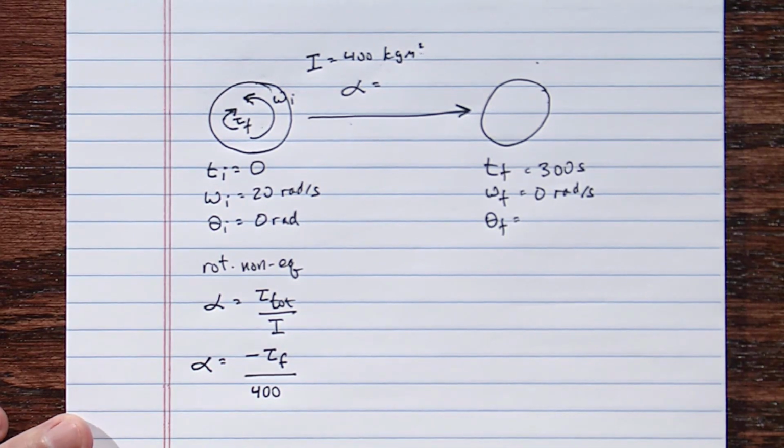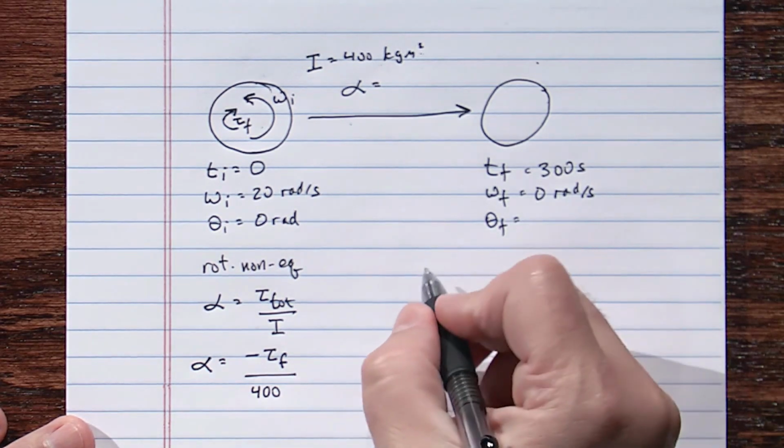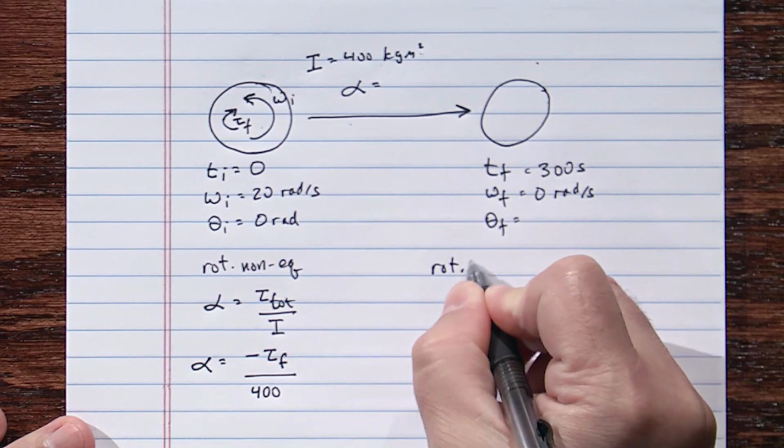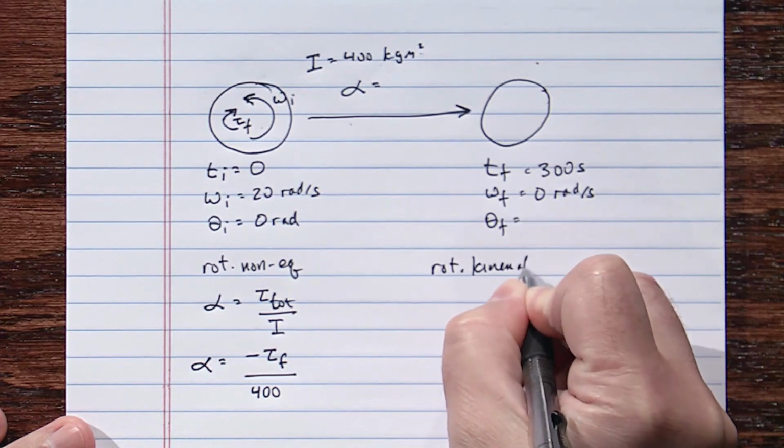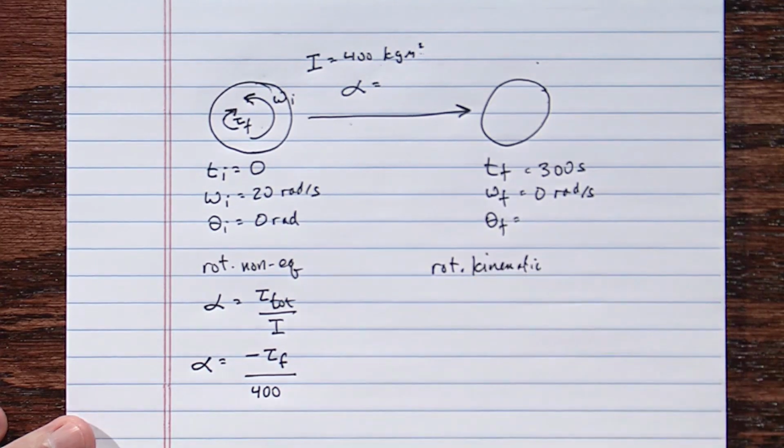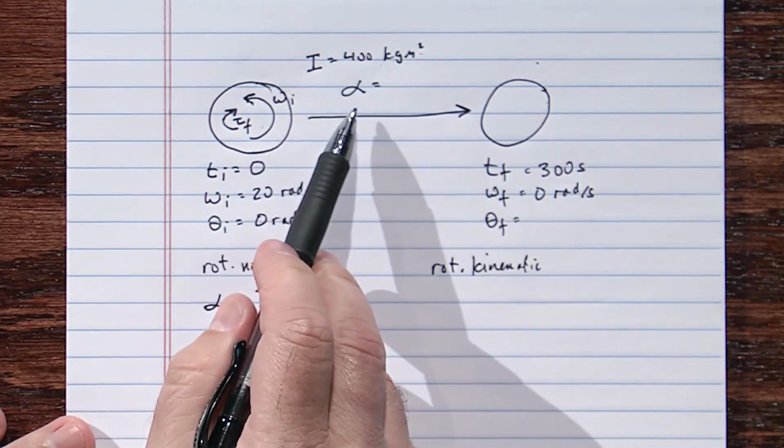So we have an equation with two unknowns in it. We have to get another equation. This is a situation that we faced before with our regular kinematic situations. So from experience, we know that we need a rotational kinematics equation, specifically to find angular acceleration.